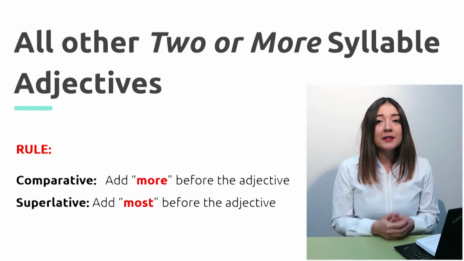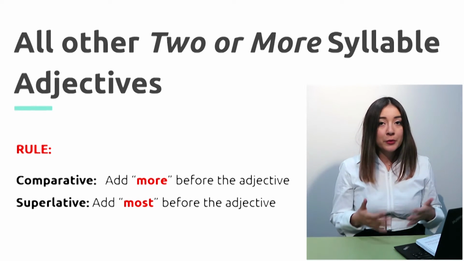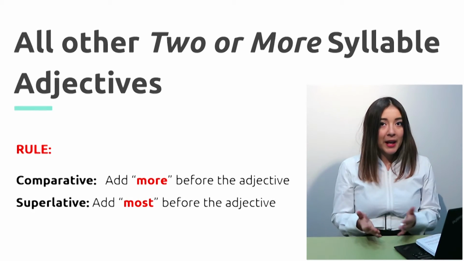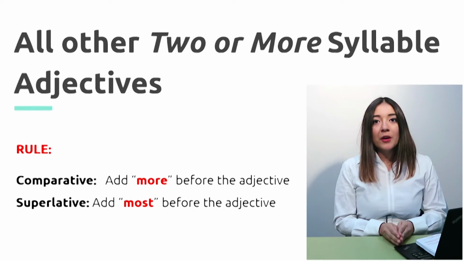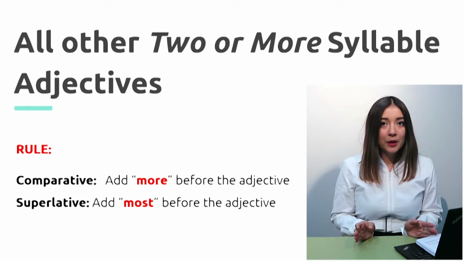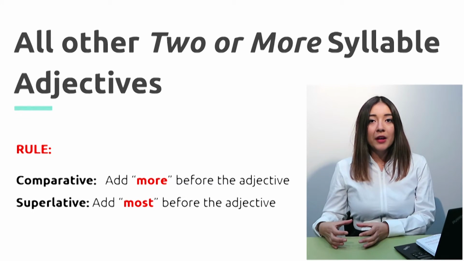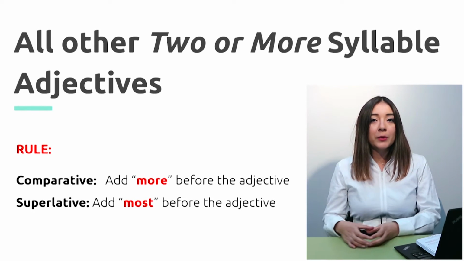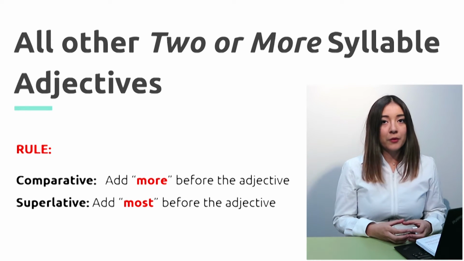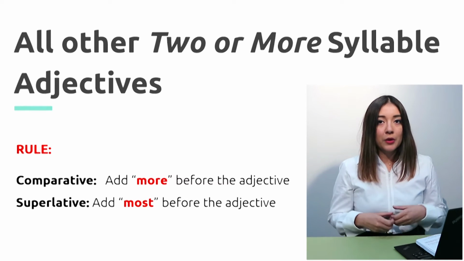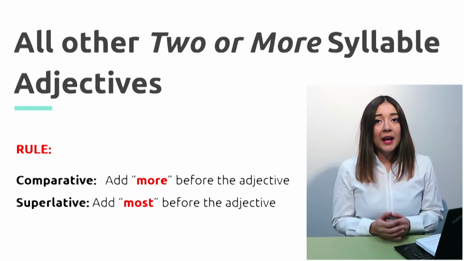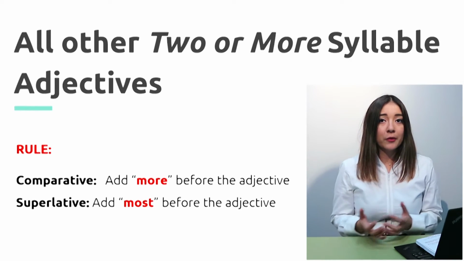When we come across adjectives that have two or more syllables but don't end in Y, we come across a completely different rule. We're not going to change the root adjective, but rather we are going to add more before the adjective to show the comparative form and add most before the adjective to show the superlative form.